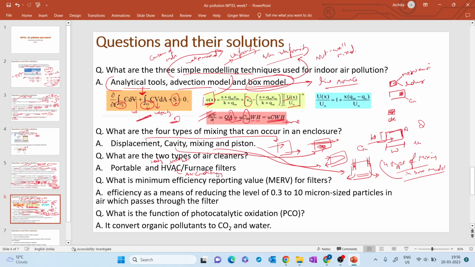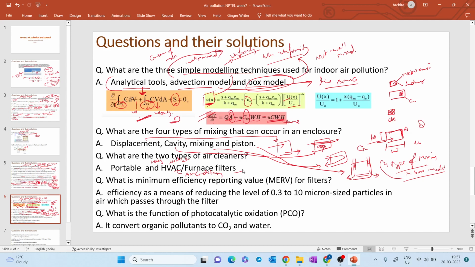If it's hot, they provide AC, and they also have pumps and filters to make sure that the air is being circulated inside the room or inside a particular enclosed space. Okay, so these are generally used in offices and buildings, like big infrastructure and all of that. Portables are generally used in our houses.